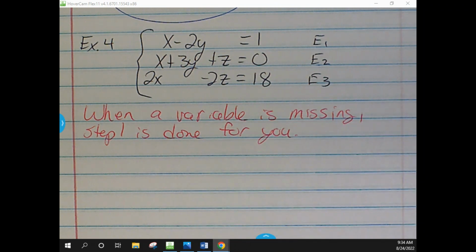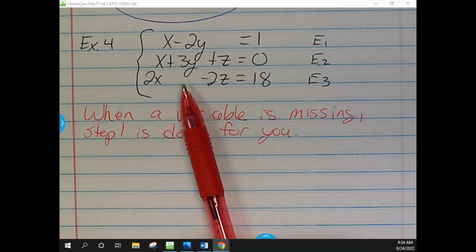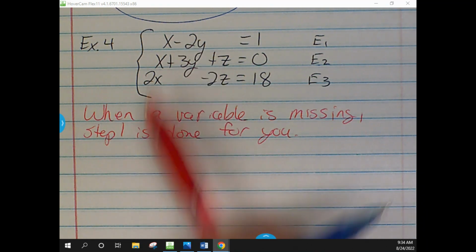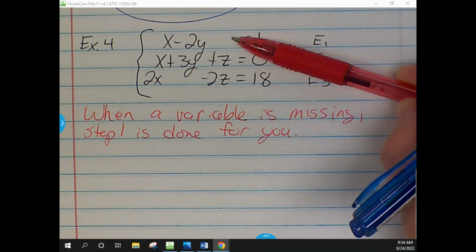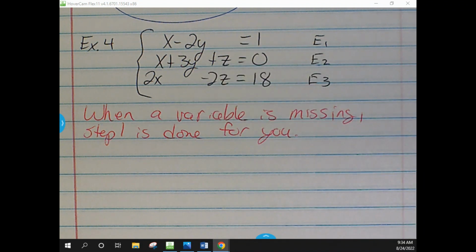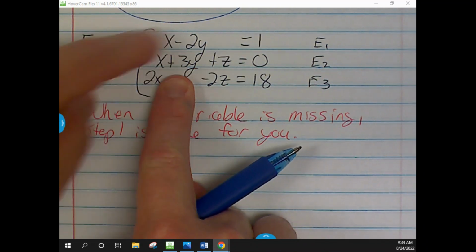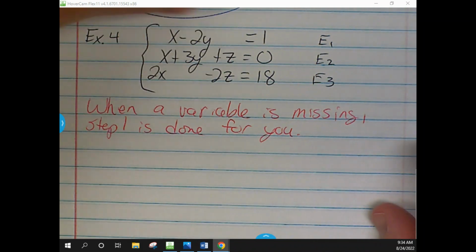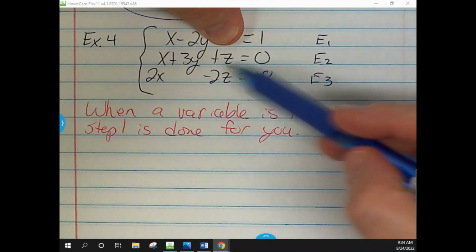And you can pick which one you want to eliminate now because they've eliminated y here, or they eliminated z here. So if they've done step 1 for you, they eliminated y with this one, we need to eliminate y with these two, or they eliminated z here, we need to eliminate z with this one.